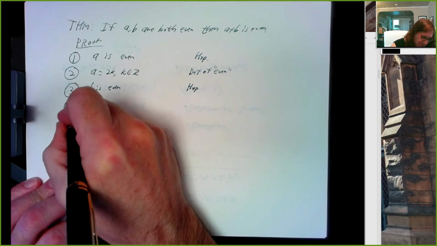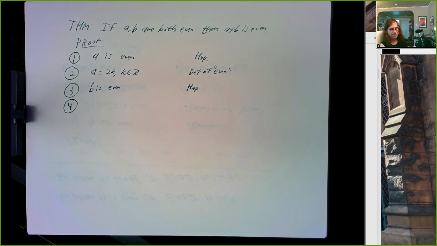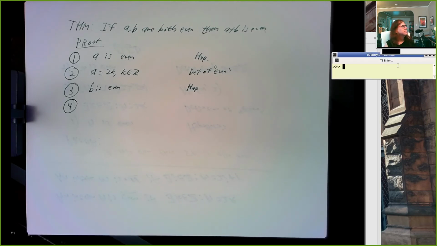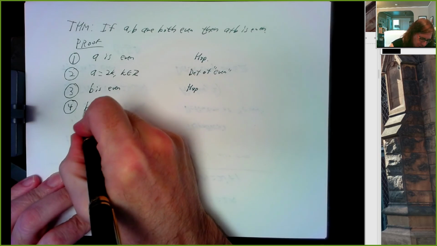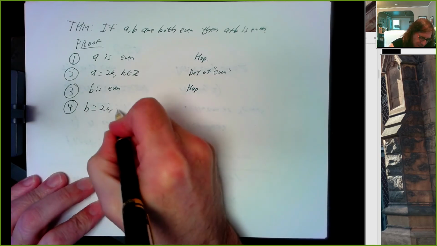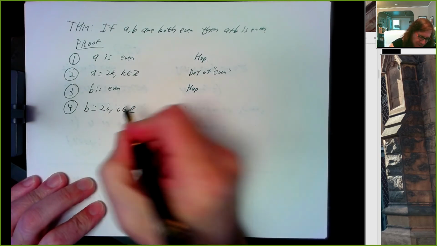All right, be careful with step 4, because somebody said 2 times I. So I'm going to say B can be written as 2 times I, where I is an integer.